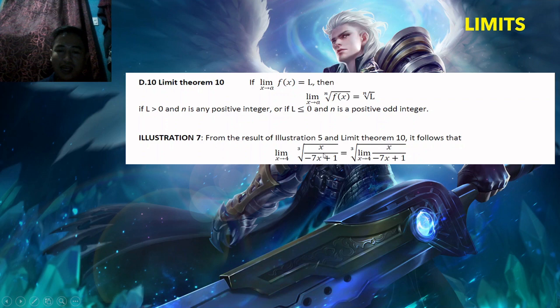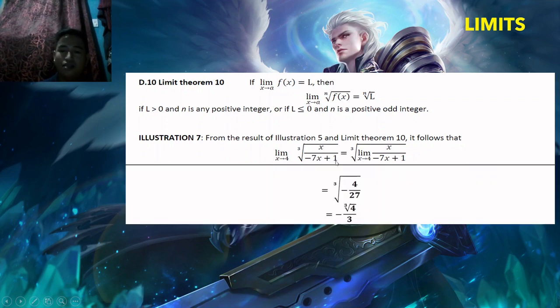The limit of the nth root of x over negative 7x plus 1. Okay, so it is equal to, the limit of x as x approaches 4 is 4, same as the previous. And then the denominator is negative 27, right?